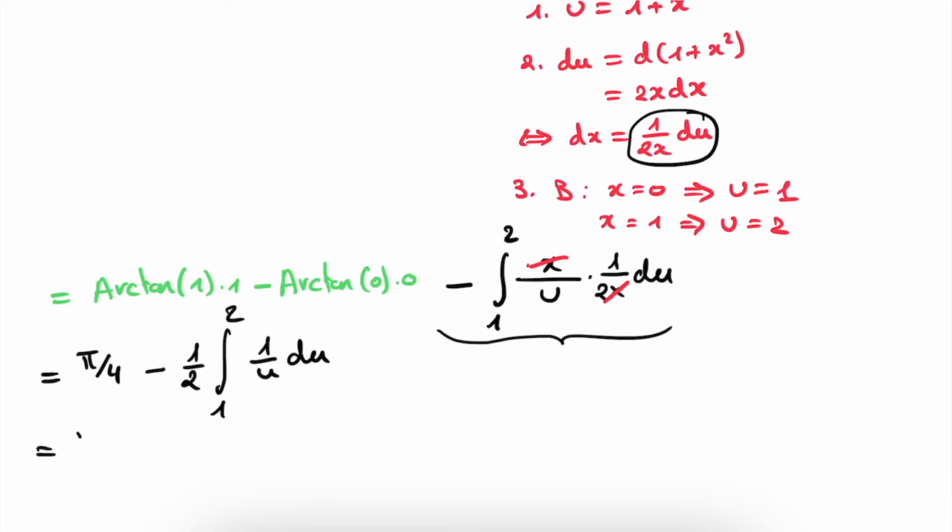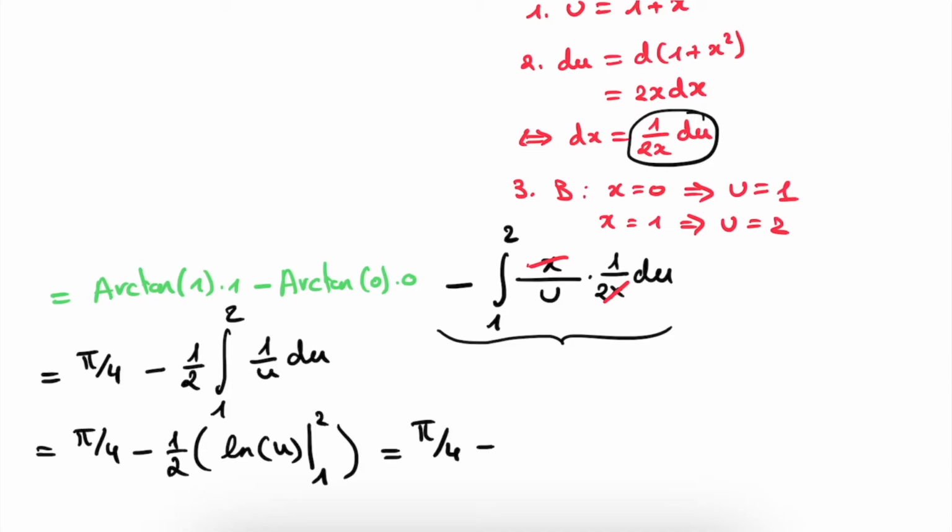So we can rewrite this as pi over 4, 45 degrees, minus 1/2 times the logarithm of u filled in the boundaries 1 and 2. This is equal to pi over 4 minus 1/2 times the logarithm of 2 minus the logarithm of 1. And we know already that the logarithm of 1 is 0.